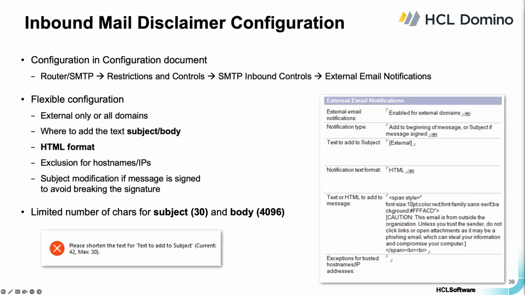The configuration for this is stored under the configuration document in the router SMTP section, restrictions and controls, inbound controls, and the like. It allows you to specify when to apply that message, in what circumstances, and also allows the text to be defined.